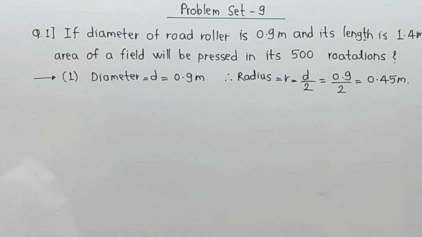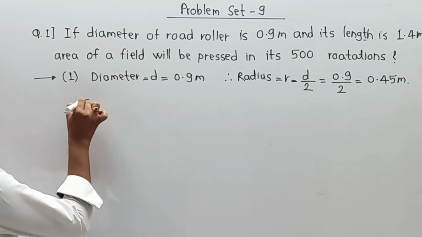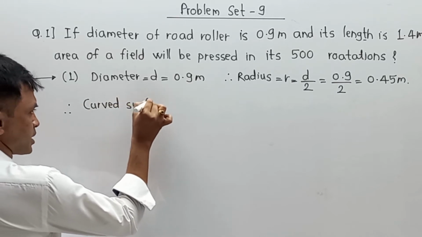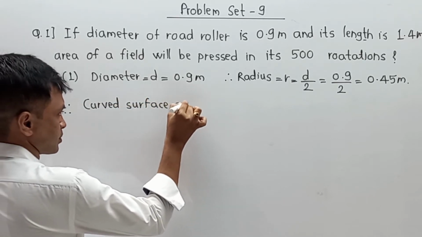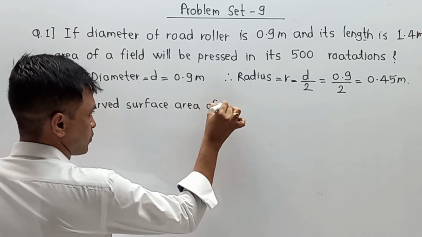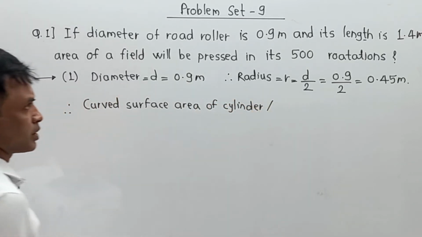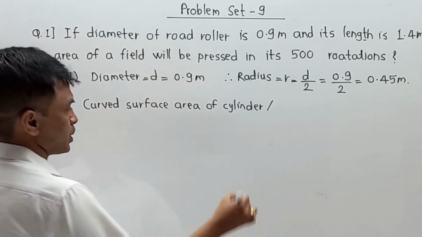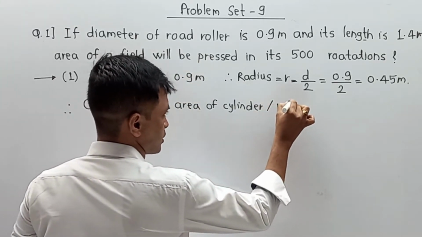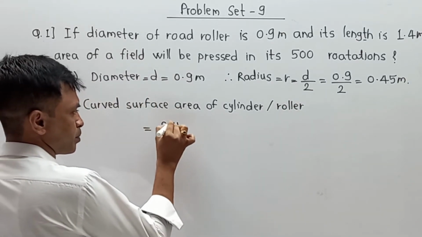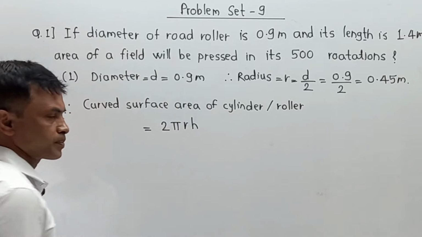Now our next part will be the curved surface area of the cylinder. You can have here, as per the word roller, the curved surface area of the cylinder, and that formula becomes 2 pi r h.